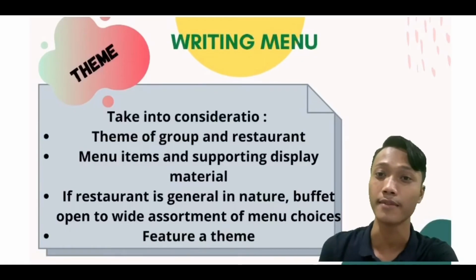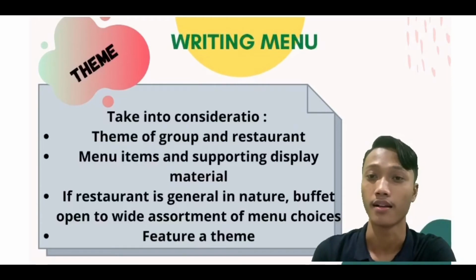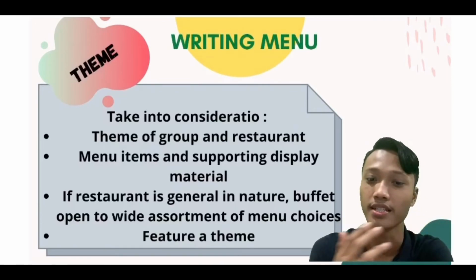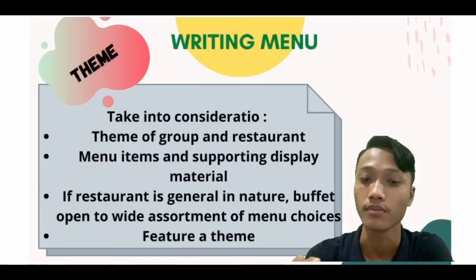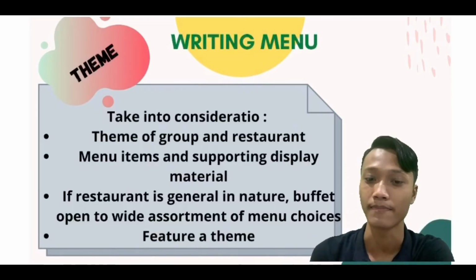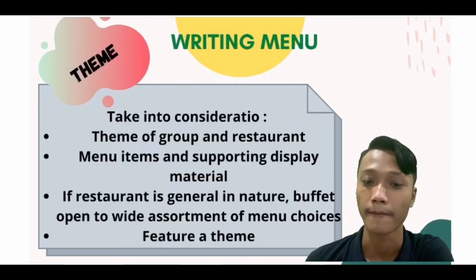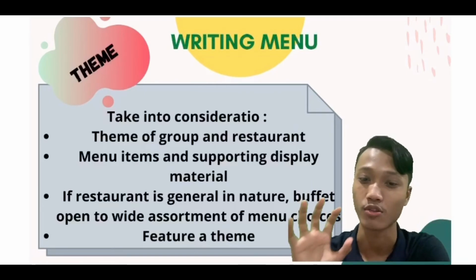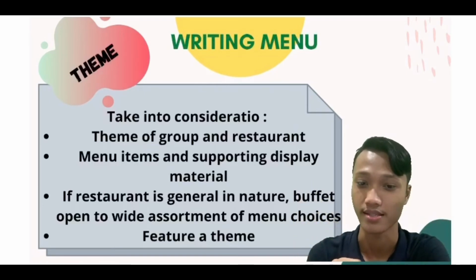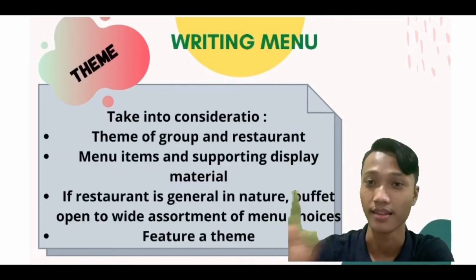For the buffet menu theme, take into consideration the theme of the group and restaurant, menu items, and supporting display material. If the restaurant is general in theme, the buffet is open to a wide assortment of menu choices. So it can also feature a theme.